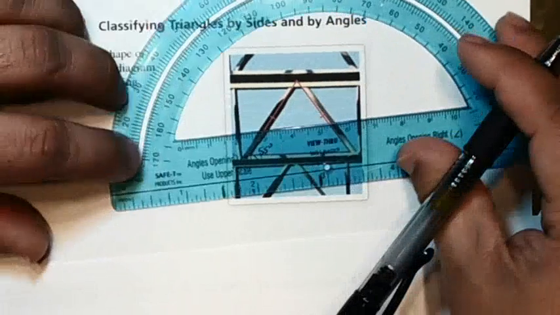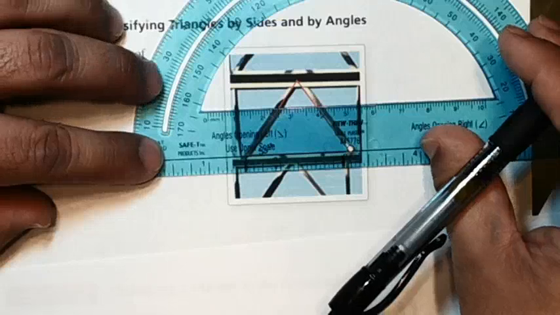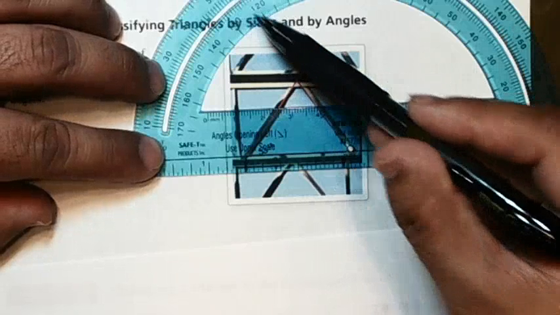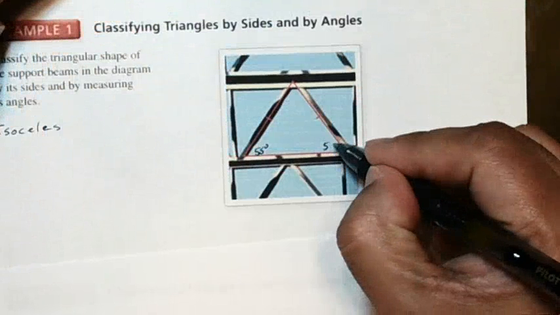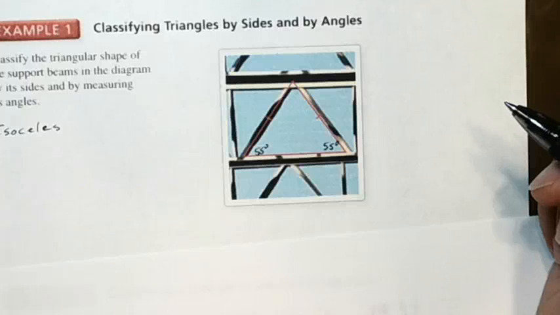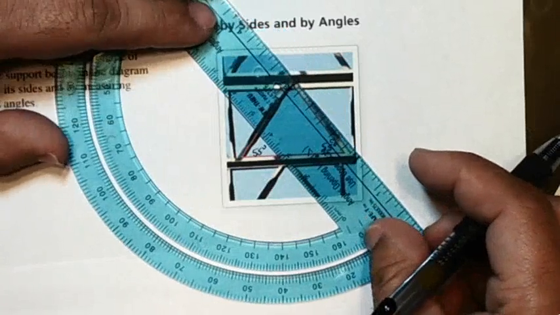And if I do that going the other way, coming up this way, this is also 55 degrees. Alright, so I got 55 and 55. We need to measure this other angle.